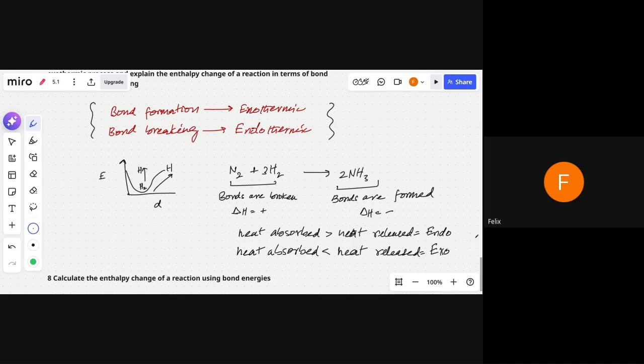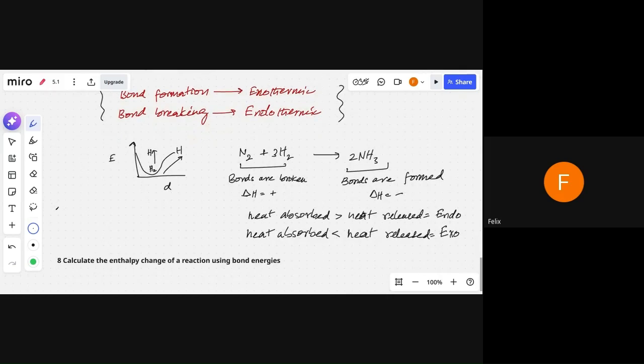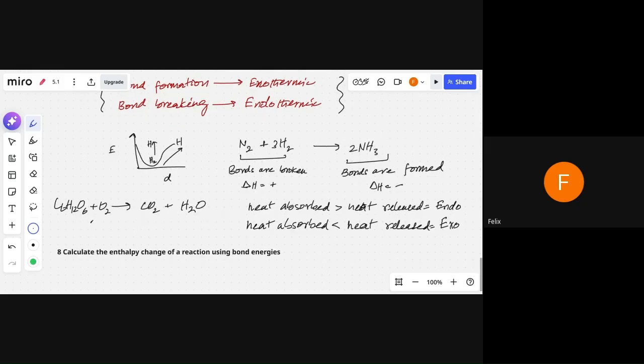So now let me explain what happens with glucose. Glucose, C6H12O6, when it reacts with oxygen, produces carbon dioxide and water, CO2 and H2O. So what is happening? When the glucose molecule is being broken, it must absorb energy. You must provide energy.